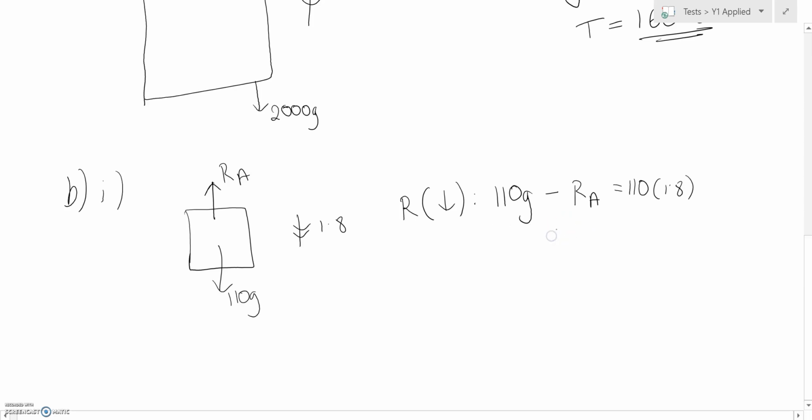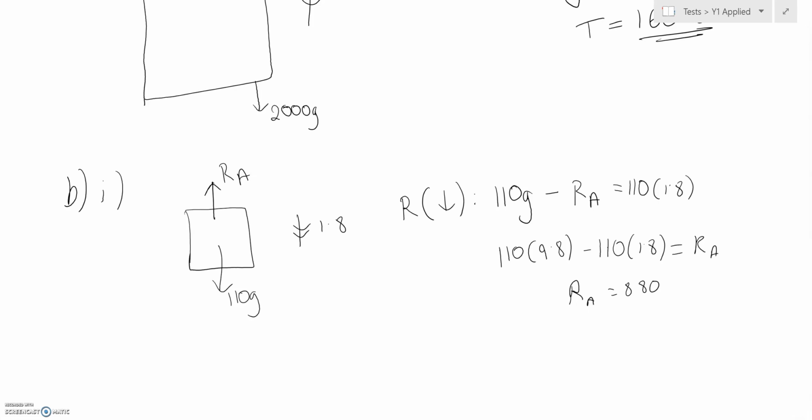If you rearrange and start subbing in 9.8, that's going to be equal to RA. If you whack that into the calculator, you should get RA as 880. And which way is that acting? That's going to be acting in an upward direction. So that's the force exerted on box A by box B.